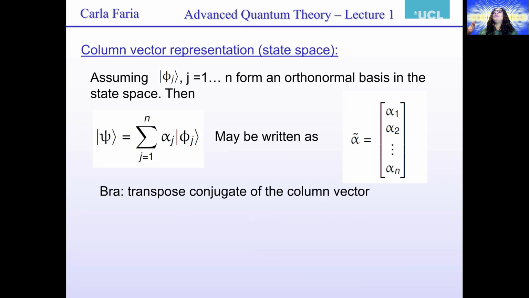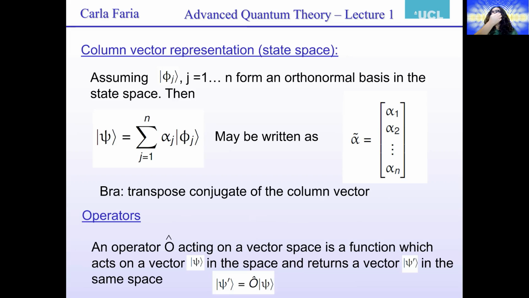And if you want to compose the bra, you have to get the transpose conjugate of the column vector. You also have to apply conjugation when you construct the bra for the ket which you have above. So you can really see that there are several ways of writing a state vector.